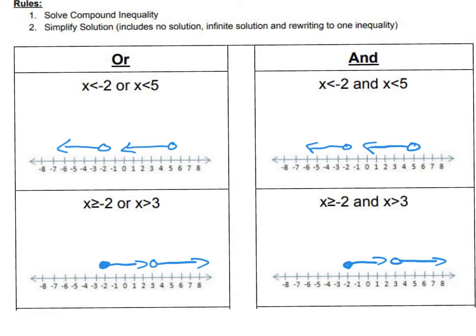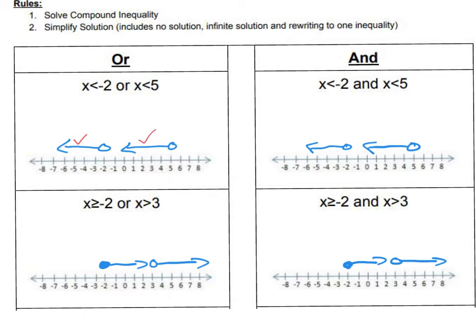So once we have these graphs, the or and and statements, it's really important to focus on what does or mean, what does and mean. If we're looking at x is less than -2 or x is less than 5, remember, it just has to be one of them. So when we look at x is less than -2, all of those values, like -4, they're good. When you look at even a 2, well, 2 isn't less than -2, but or is it less than 5?